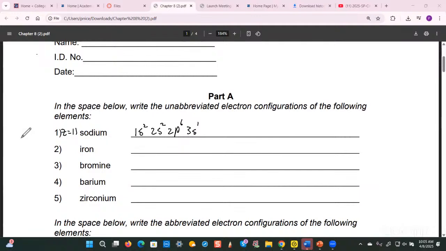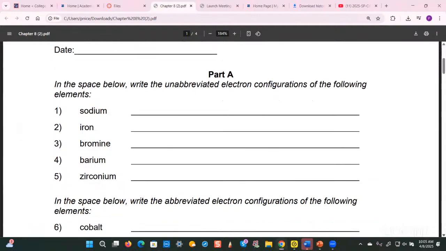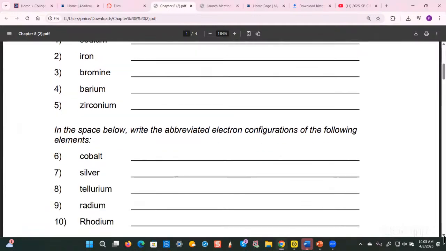Let me clear this and scroll down. I'm going to start off with cobalt.